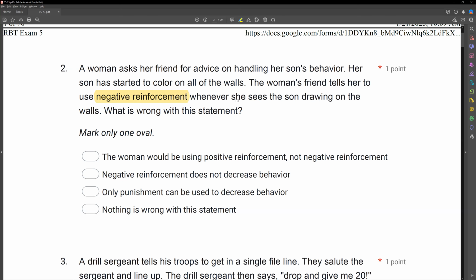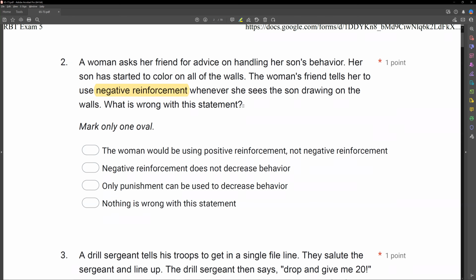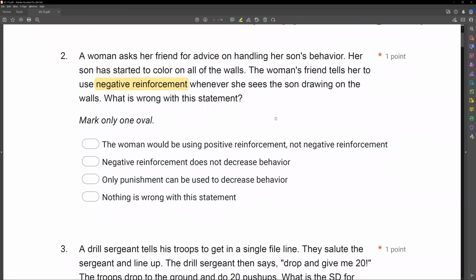Would she want to use any reinforcement for this behavior? Well, no, right? She doesn't want the son to color on the walls. She needs to decrease that. She's asking advice on handling this behavior. Reinforcement does what? It increases. So she's not going to want to use this type of reinforcement. So she's not using positive or negative reinforcement.